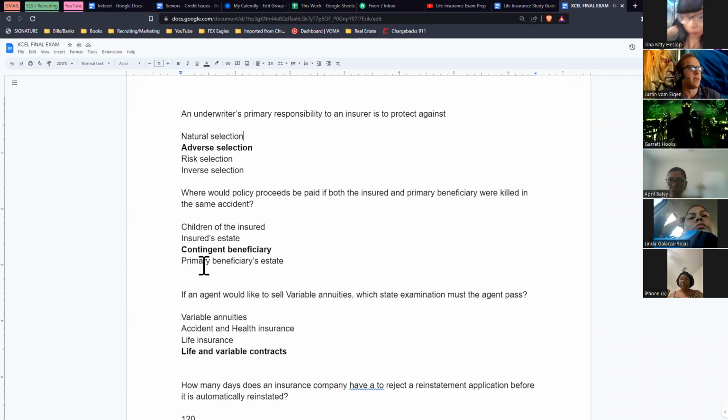All right. Where would policy proceeds be paid if both the insured and primary beneficiary were killed in the same accident? On the test, it's called something else. It says simultaneously something. Yeah, if they die simultaneously.